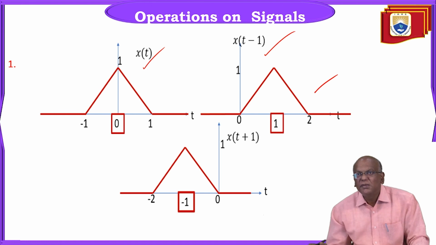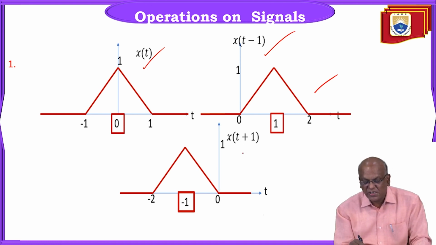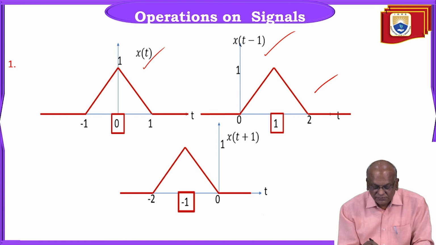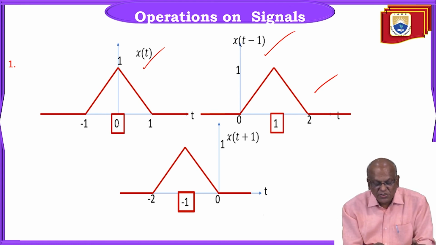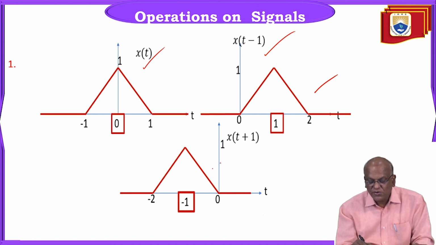Only shifted operations. Similarly, x of t plus 1 is nothing but advanced, advanced by an amount of 1. In this case, they are shifted in the left hand side direction. That means 0 shifted to minus 1, and 1 shifted to 0, and minus 1 shifted to minus 2, without changing the shape of the signal.